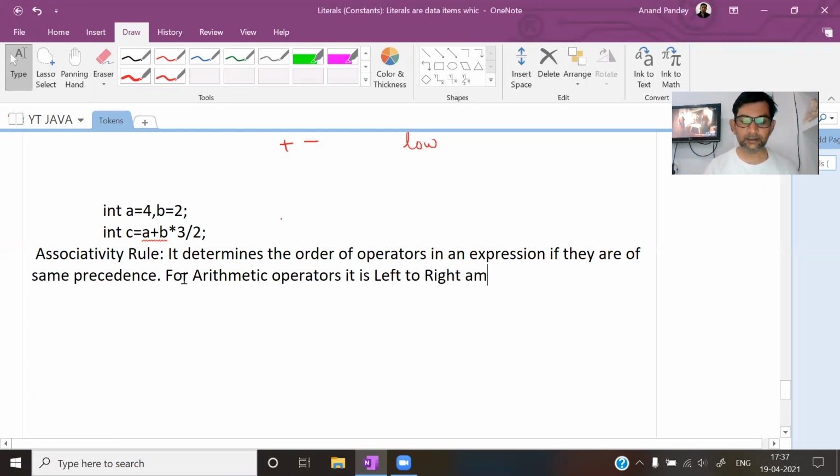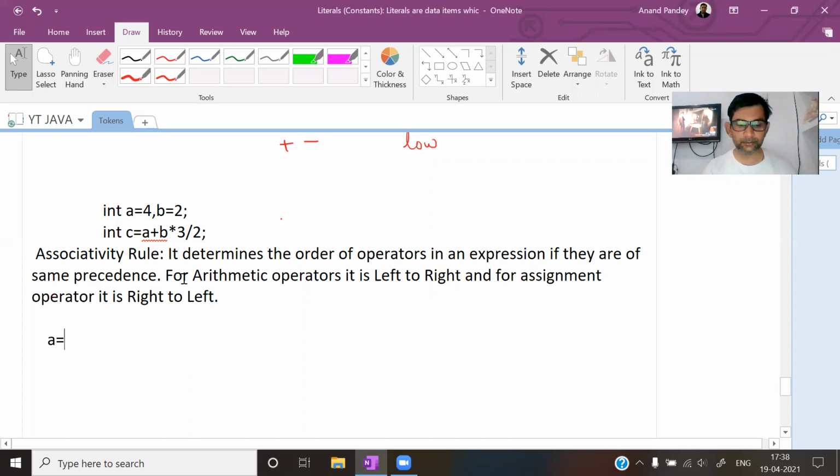And for assignment operator, it is right to left. Okay. So arithmetic operator I have already discussed. I am now going to tell you about the assignment operator.